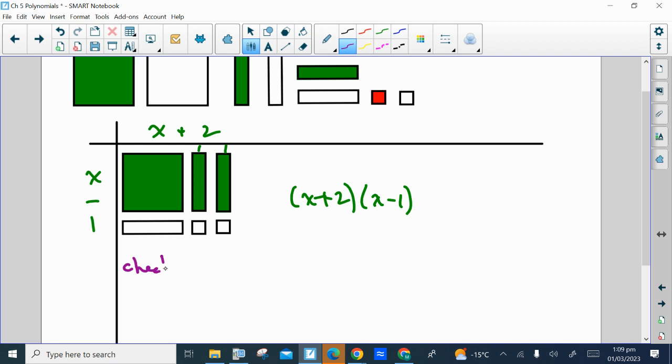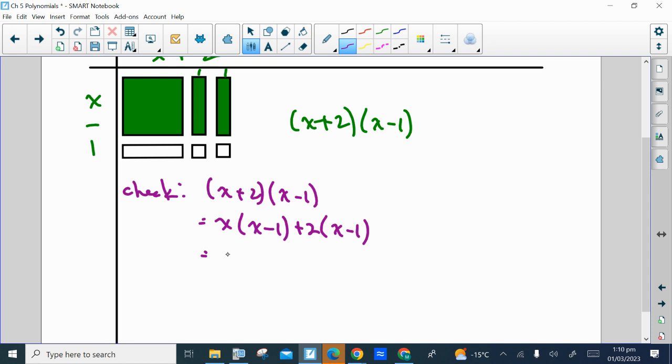It doesn't matter. We're saying that these are our factors. To make sure, we will check. We will physically multiply these out and make sure that it gives us our original trinomial that we started with. So again, we multiply these out using the distributive property. So there's x squared minus 1x, positive 2x minus 2, and once again, negative 1x plus 2x is positive 1x.